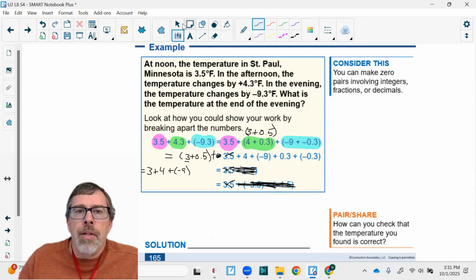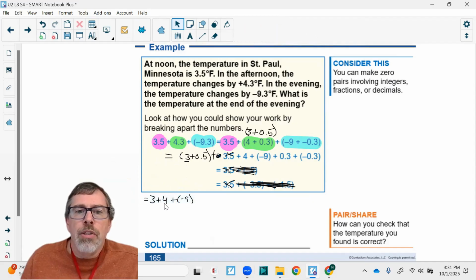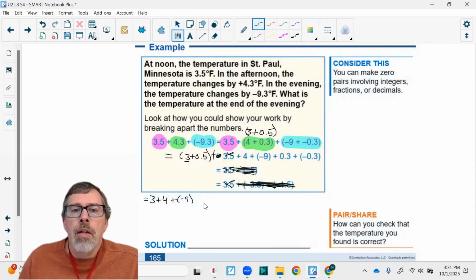And these are all separate. Let me try to grab them and slide them over. So I'm just going to move these down here. So it's 3 plus 4 plus -9 plus, and now we're doing the decimals. 0.5 plus 0.3 plus -0.3.